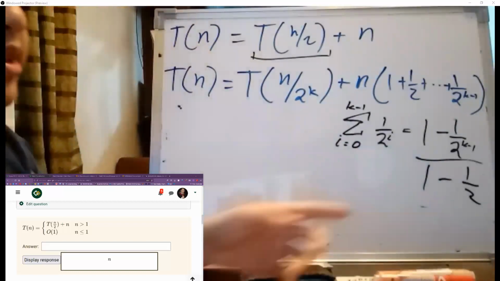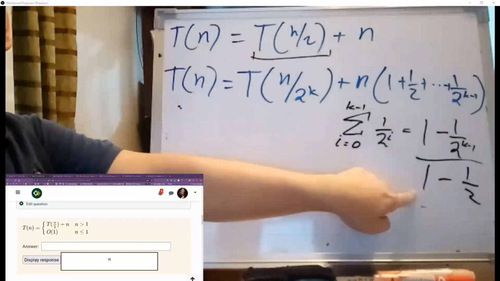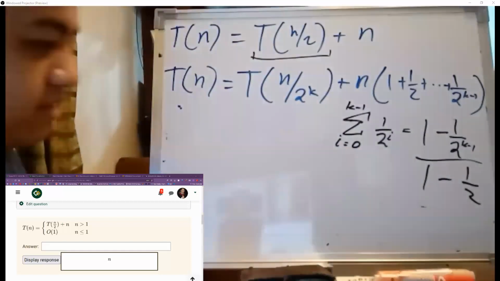So yung bottom term natin dito is just 2. So multiply lang yung 2 dito sa taas.